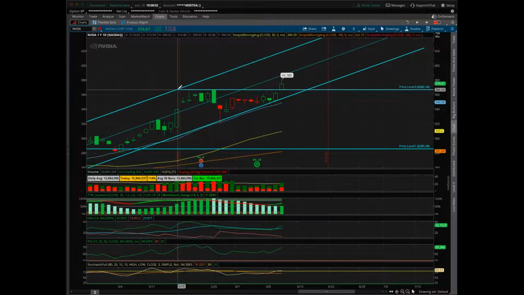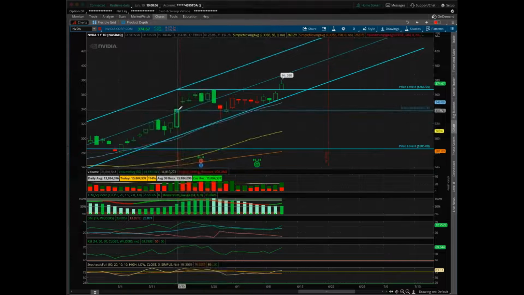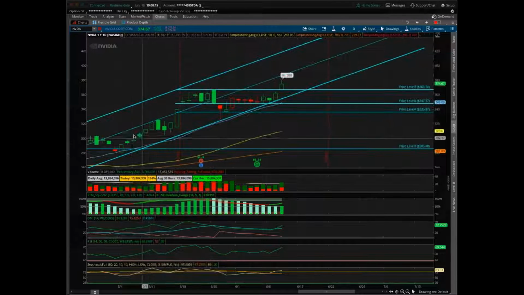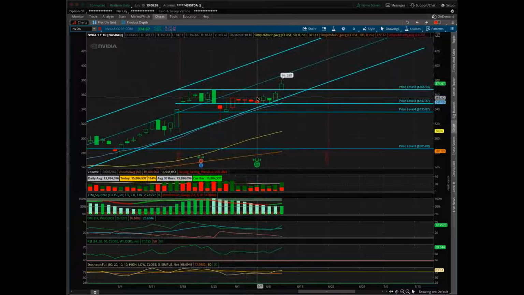Here's my resistance. Here's my support. I have another support here. And that's all I need to do. Why? Because this is my current in-effect trend. I don't even have to do these support and resistance lines because my price is near here.